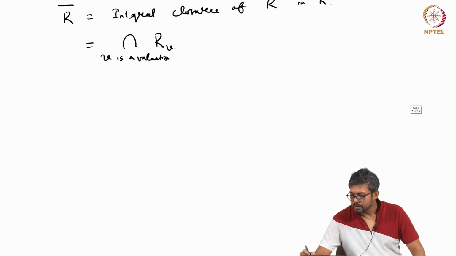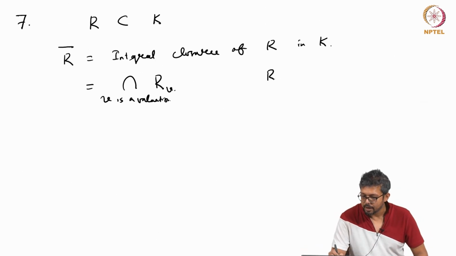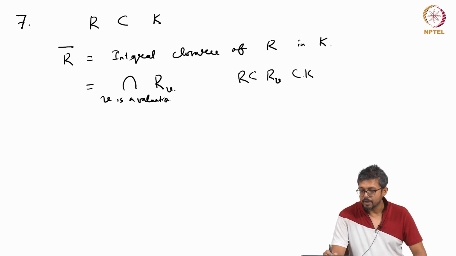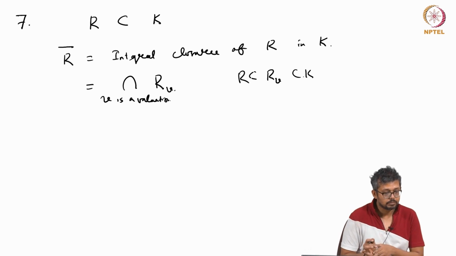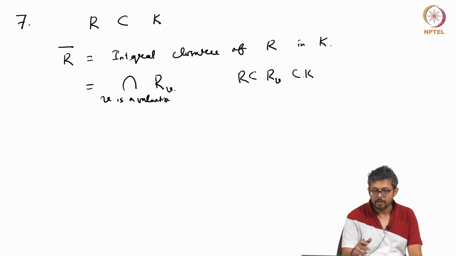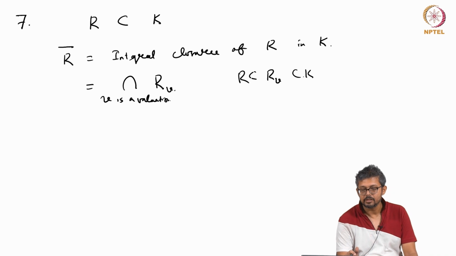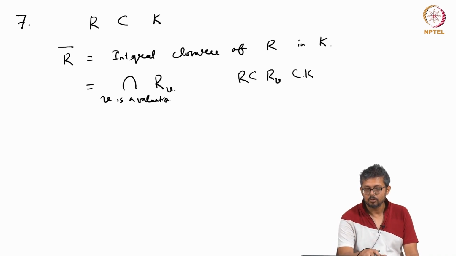That means R_V contains R, and R_V is a valuation ring of K. This is very useful: if you know all the valuation rings of the field K, then you know how to get the integral closures.